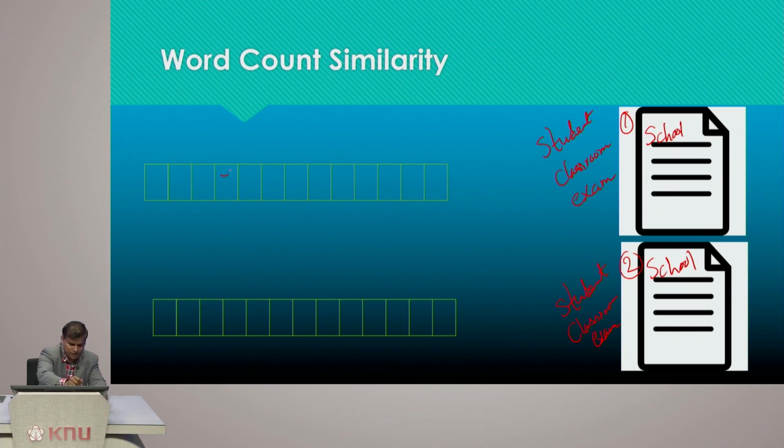For example, student appears 5 times, and classroom appears say 2 times, and exam appears say 3 times, and maybe this also has other words, say president of the school, which maybe appeared one time.